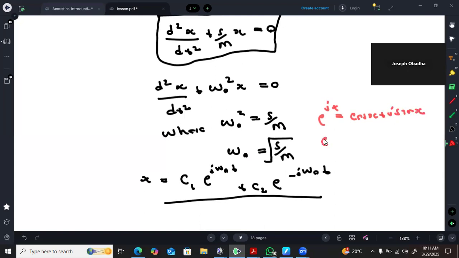So this means e to the j omega naught t equals cos omega naught t plus j sin omega naught t.